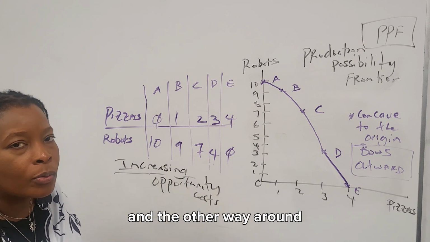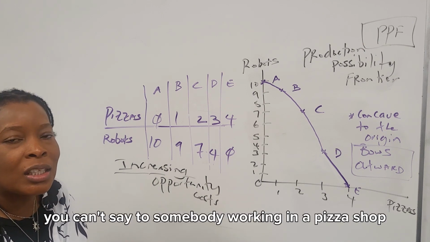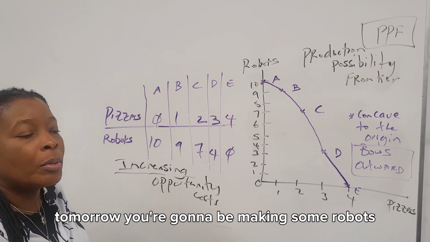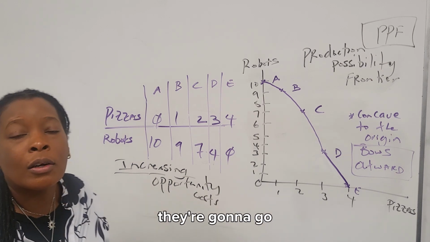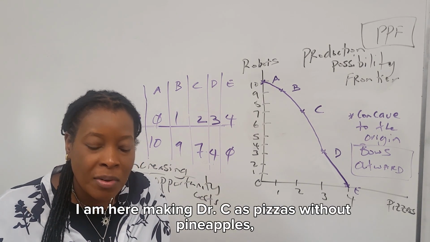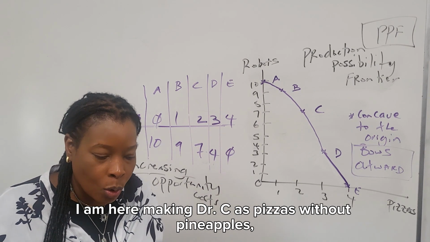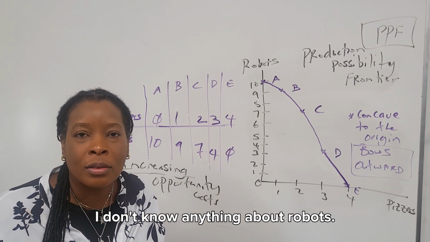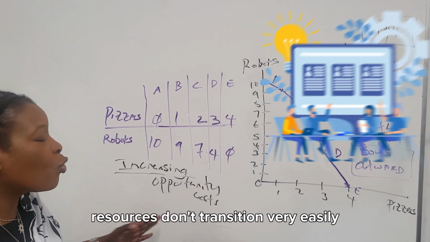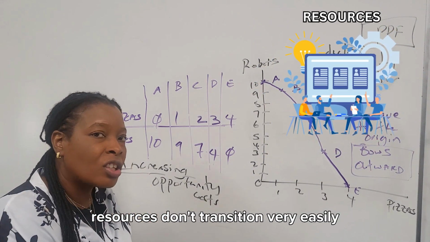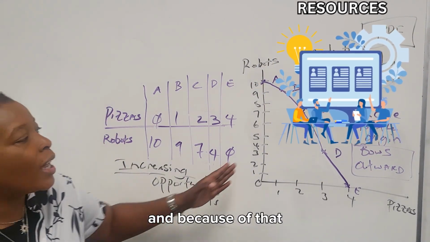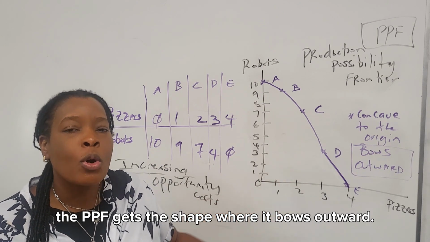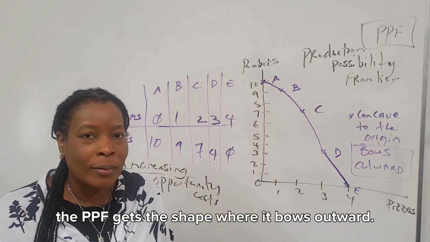And the other way around. You can't say to somebody working in a pizza shop, tomorrow you're going to be making some robots. Are you good? They're going to go, no, I am not. I am here making quesadillas, pizza without pineapple. I don't know anything about robots. The point is, resources don't transition very easily. And because of that, the PPF gets the shape where it bows outward.